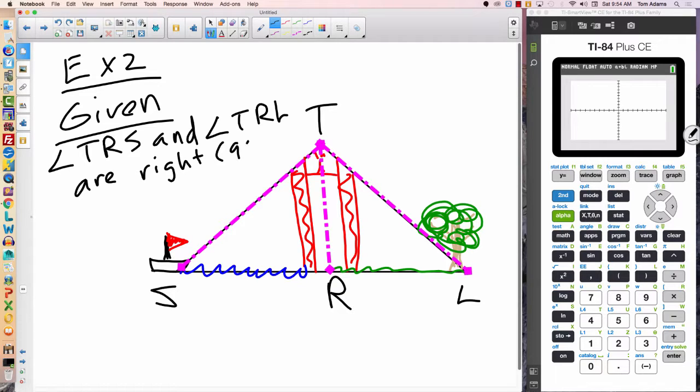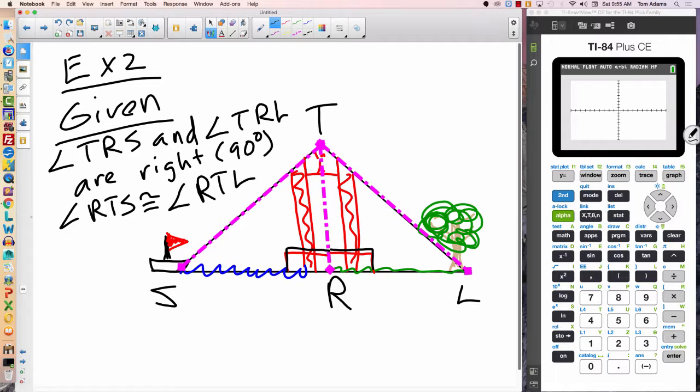And basically that means they're 90 degrees, okay? And so I'm just going to denote this with a big red thing that right here, that's 90 degrees, that's 90 degrees. Maybe I'll do it in black so you can see a little better. So they're 90 degree angles right there. That's good. And then the other thing that we're given is that angle RTS is congruent to the angle RTL.